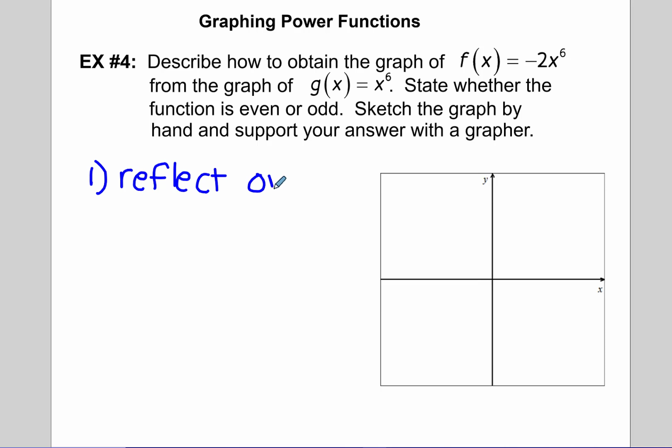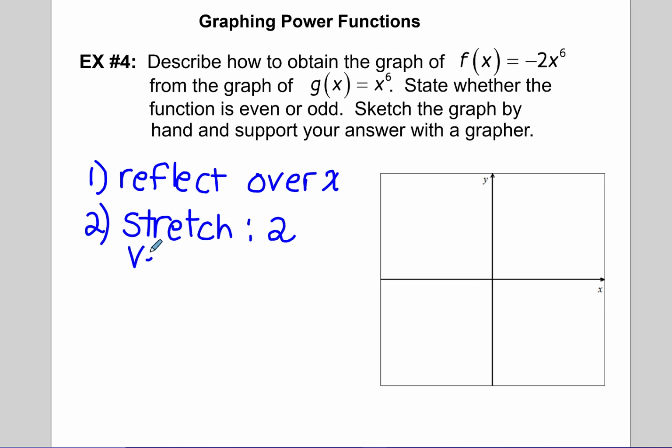So it's going to reflect over x. And the absolute value of 2 is going to cause the graph to stretch. So the stretch factor is 2, and it's going to stretch vertically, but it's going to stretch vertically in a downward fashion because we've reflected over the x-axis.